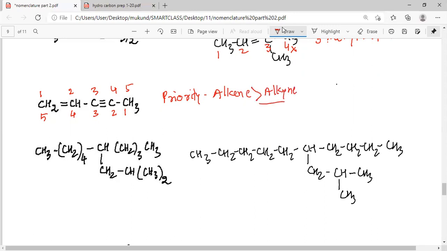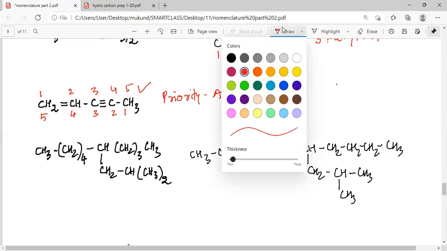So alkene is more prior than alkyne, and that is why the alkene should get the lowest number, and this kind of nomenclature system is considered to be the best numbering system. So on the basis of that, we can write the name of this compound.